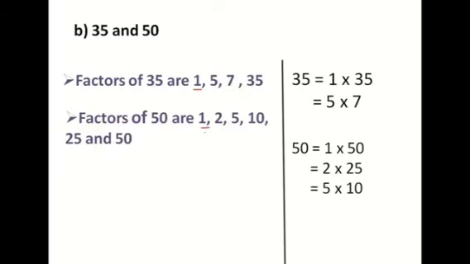Another one is what? 5. So please underline that one also. Have you done? Now you can write down common factors are. You got already 1 and 5. I hope you are clear.